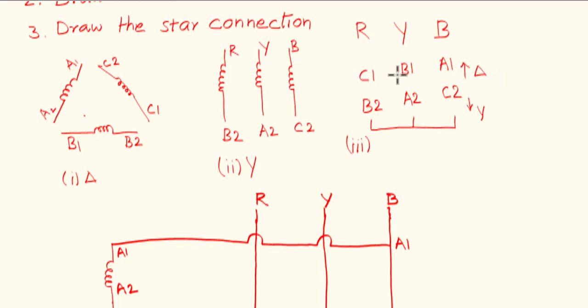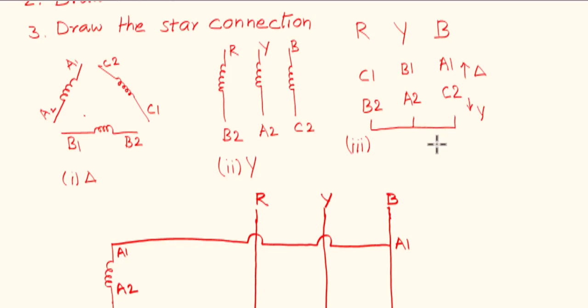Suppose C1, B1, A1 are always connected to the RYB supply lines, and B2, A2, C2 are connected together, then this forms the star connection of the stator winding. In this method, star connection will be done first and then delta connection is used.